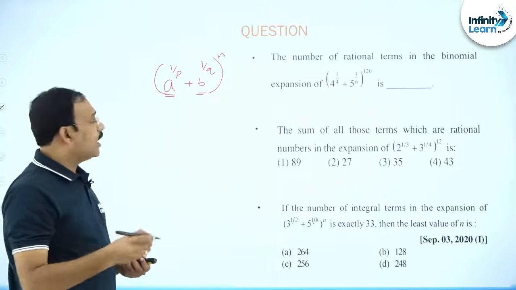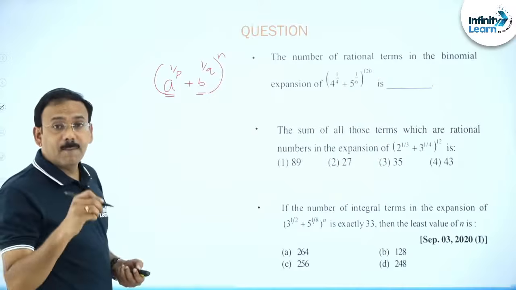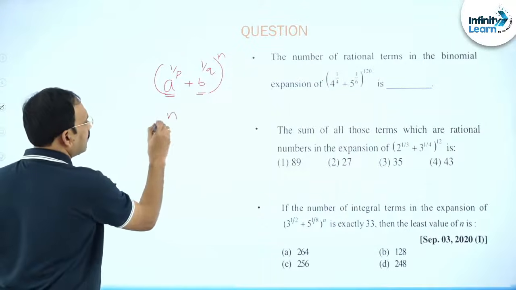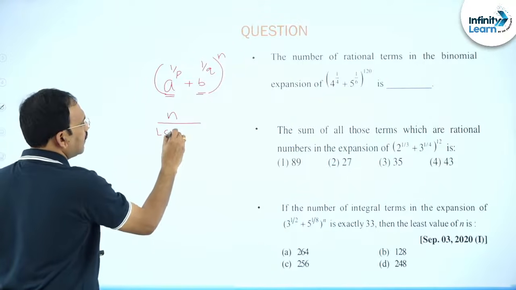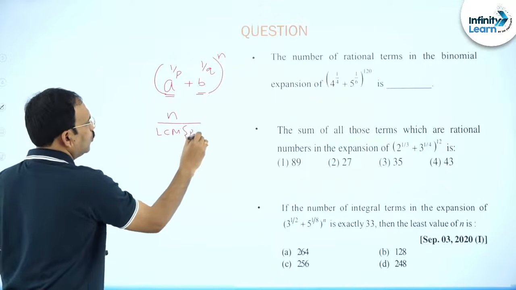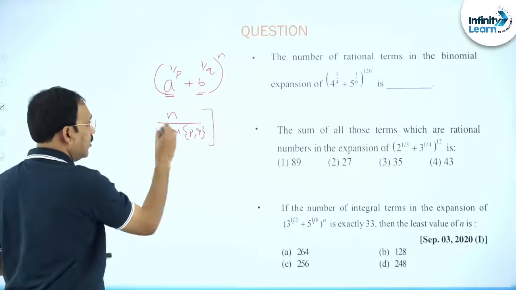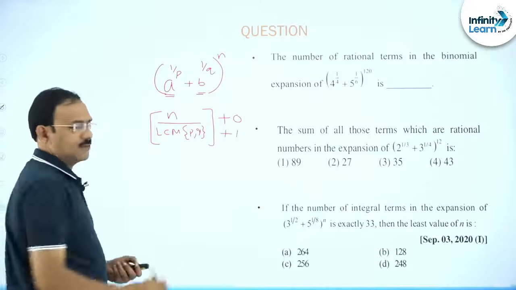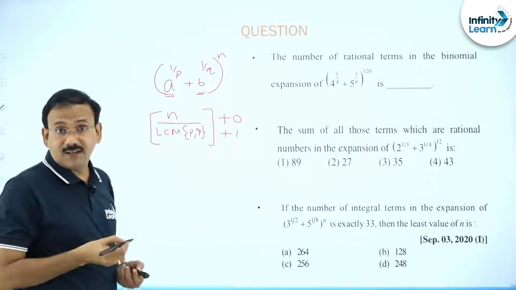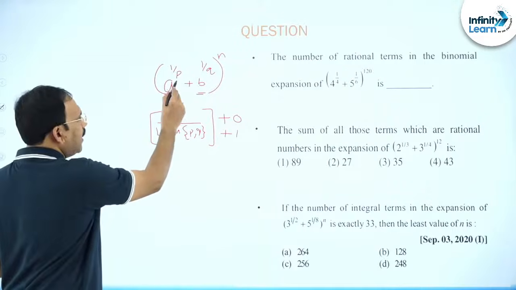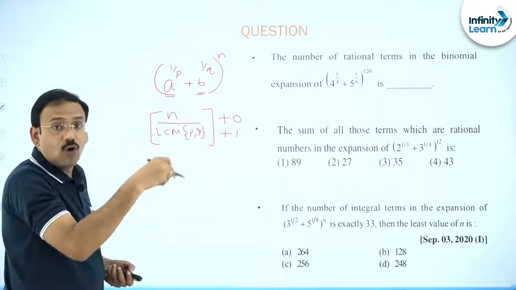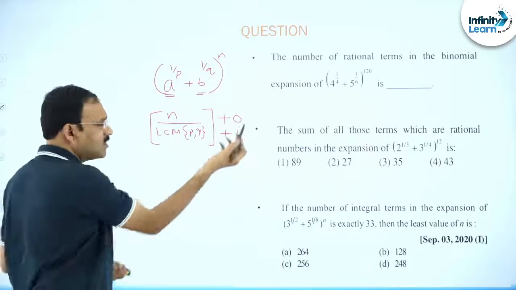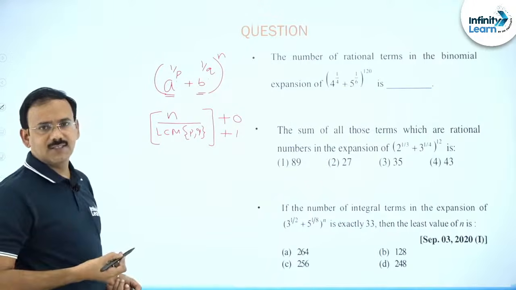In this, if you want the number of rational terms, point number 1, we write n by LCM of p comma q, that is the step we take. Now either plus 0 or plus 1 comes, and when will plus 1 come? You know, if either p or q or both divide n, then plus 1 comes, otherwise plus 0 only, that means the step itself is the answer, that is it.